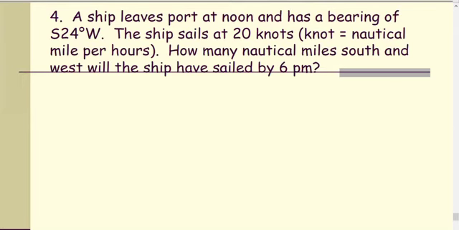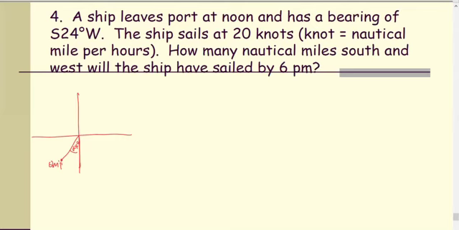Example 4. A ship leaves port at noon and has a bearing of south 24 degrees west. The ship sails at 20 knots. A knot equals nautical miles per hour.